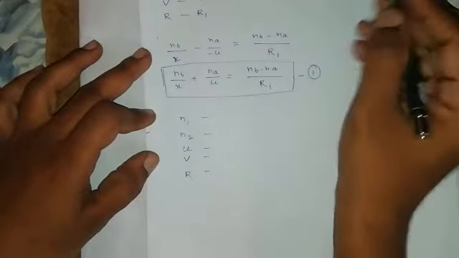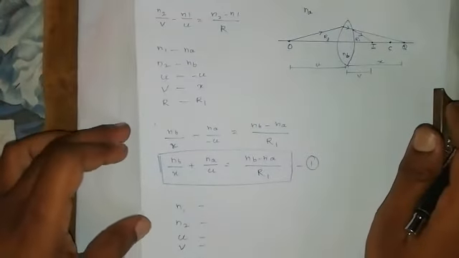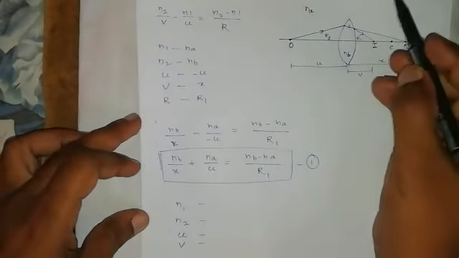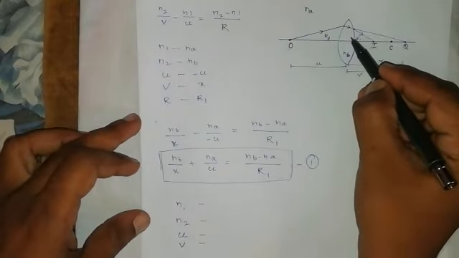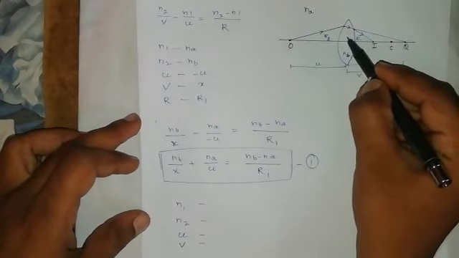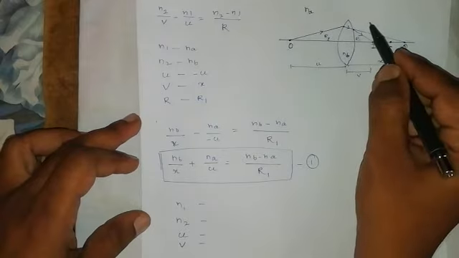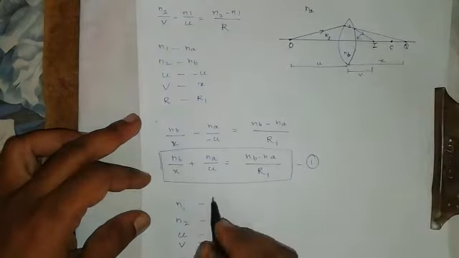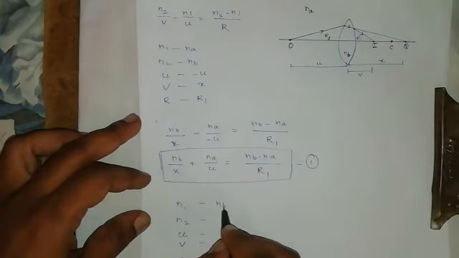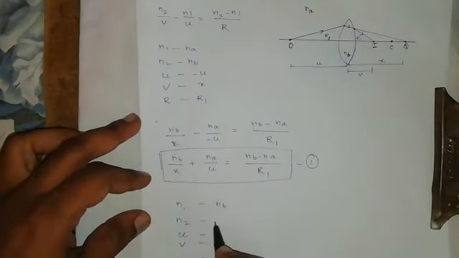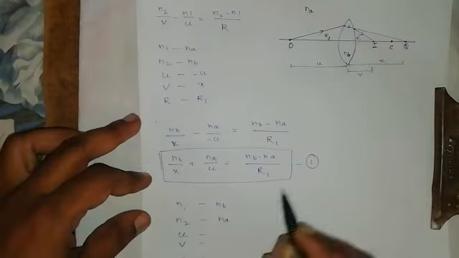For the second curved surface, light is traveling from inside of the lens to outside. So inside is taken as n1 and outside as n2. So nb as n1 and na as n2.